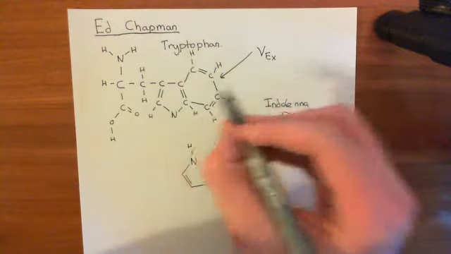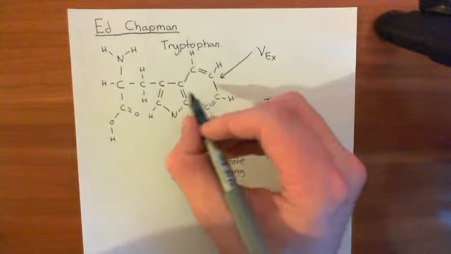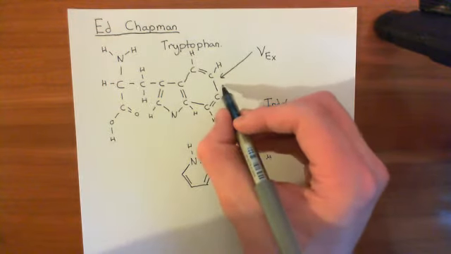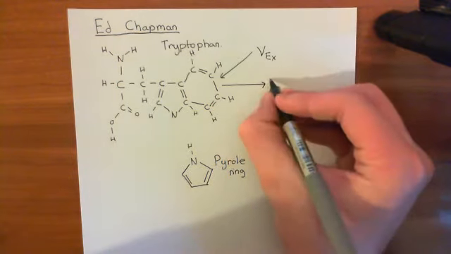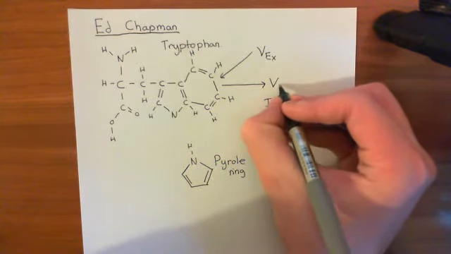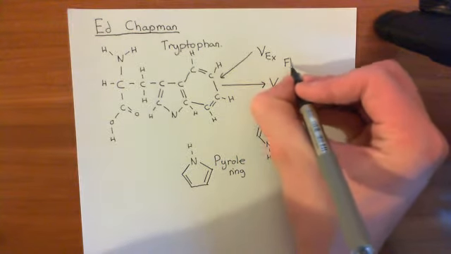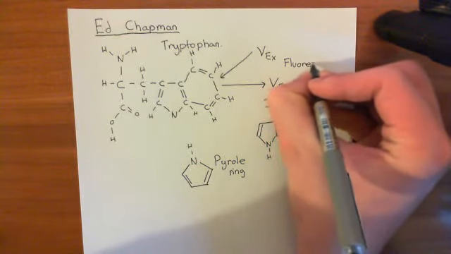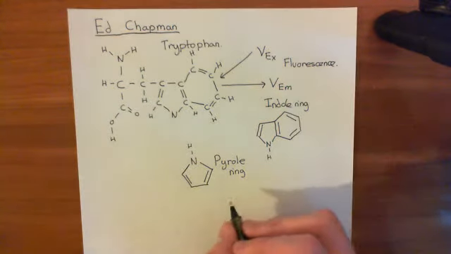The molecule will absorb that radiation, gain a bit of energy from it, and then re-emit another photon at a lower frequency, known as the emission frequency. That's the phenomenon of fluorescence. So tryptophan is a fluorescent molecule.